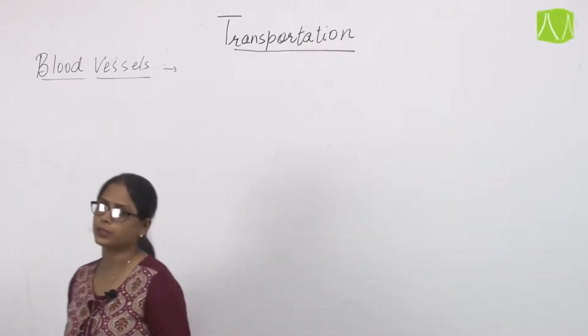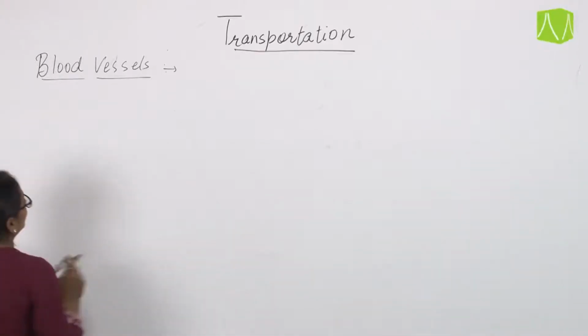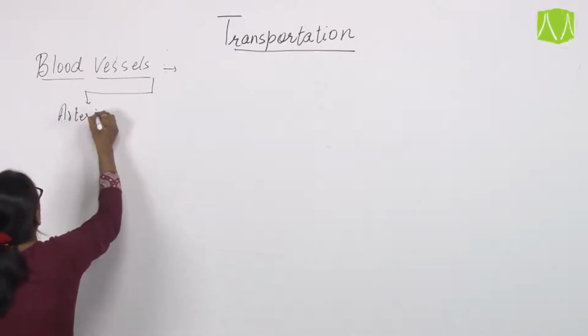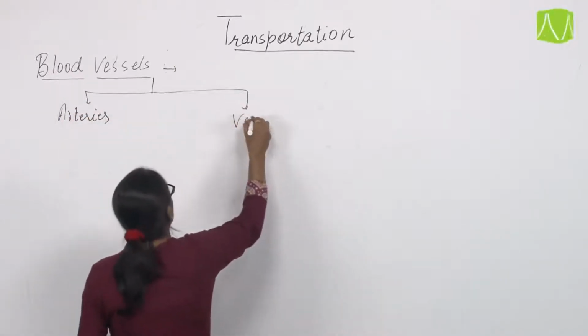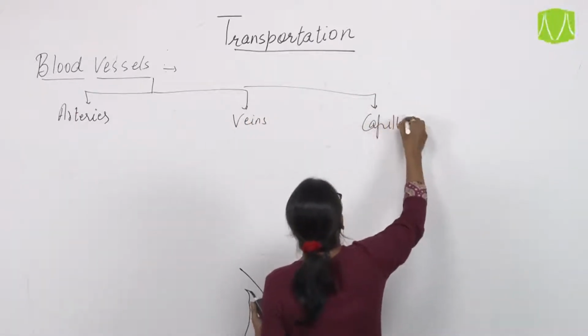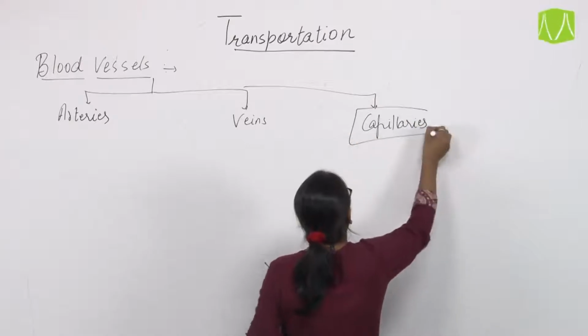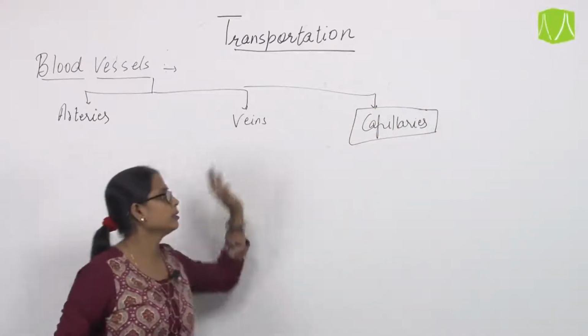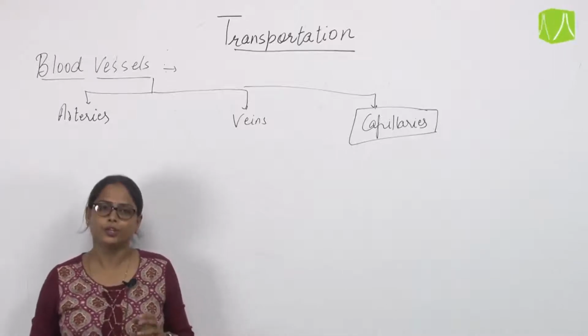In human beings, we have mainly three types of blood vessels: arteries, veins, and the third one is capillaries. Capillaries are only the branches of arteries and veins, present in between the tissues.